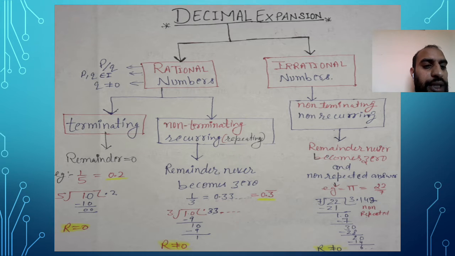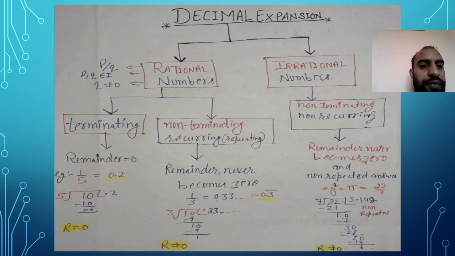So in every step your remainder is different as well as the answer is different. You can see the first answer is 3, then after the decimal 1, 4, 2 and so on. If you keep dividing, you will get all different answers.